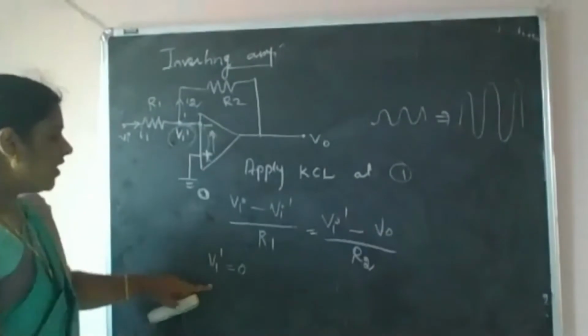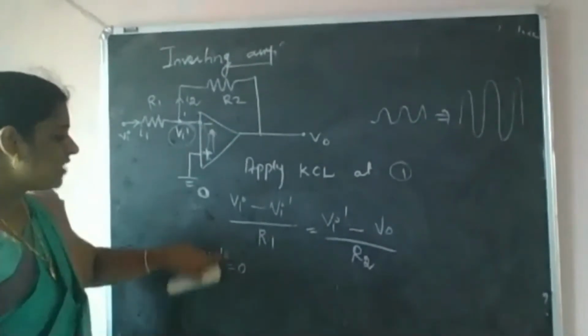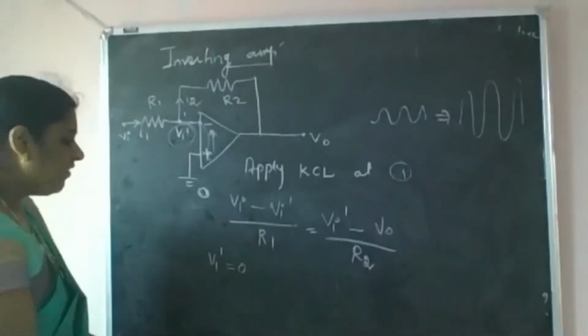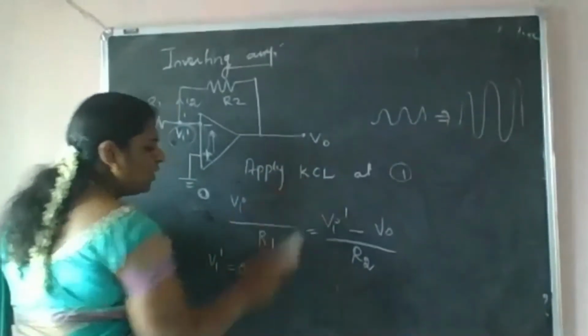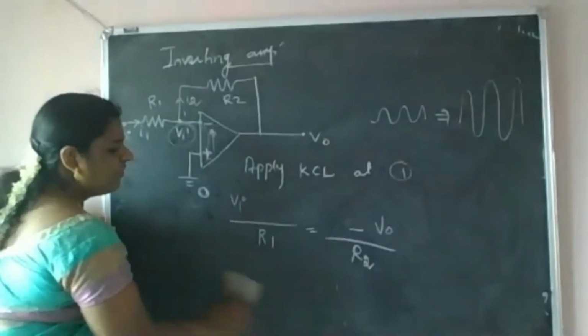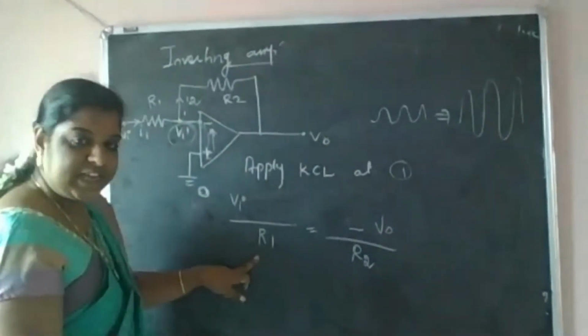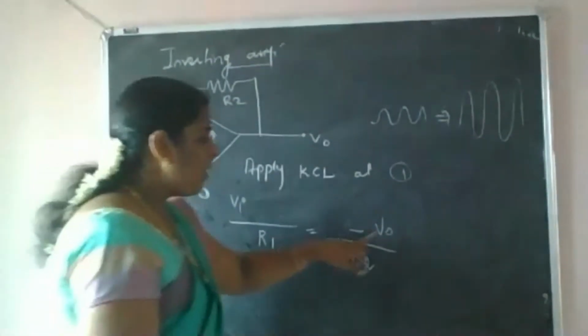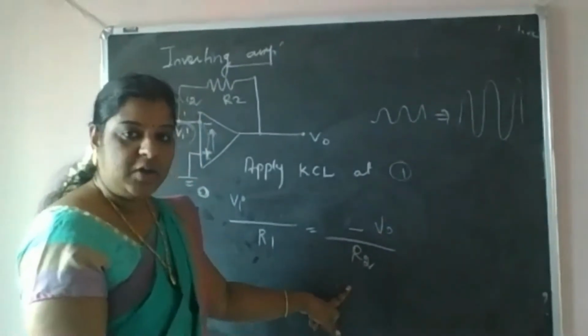Now substituting Vi dash equal to 0 in this equation, we get this term equal to 0 and this term equal to 0. Now we get Vi divided by R1 is equal to minus V0 divided by R2.